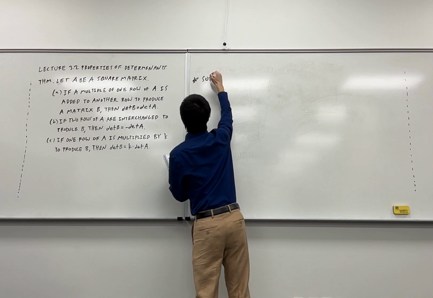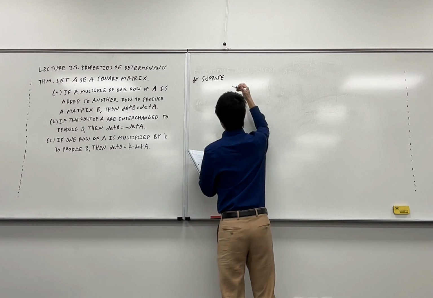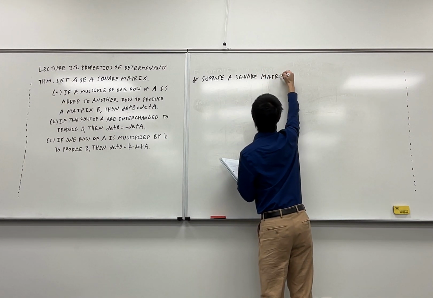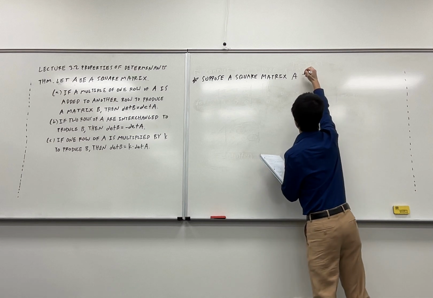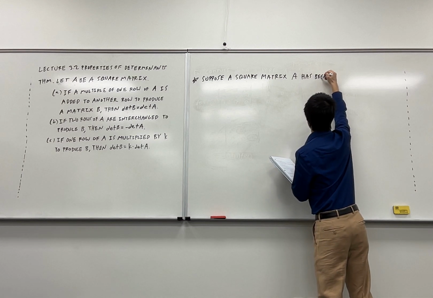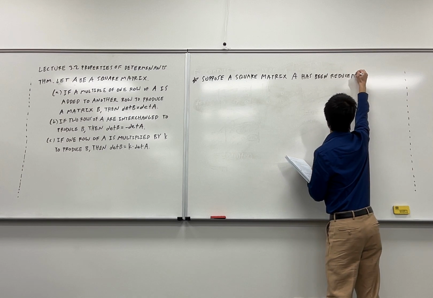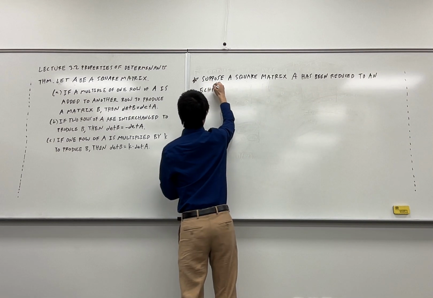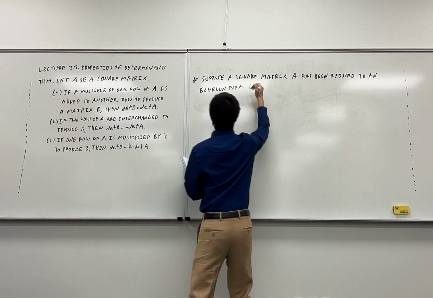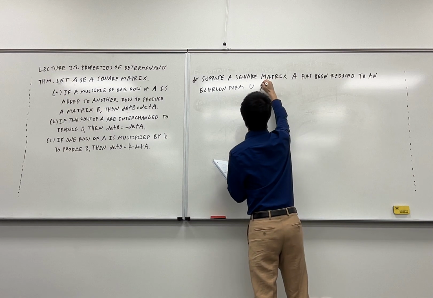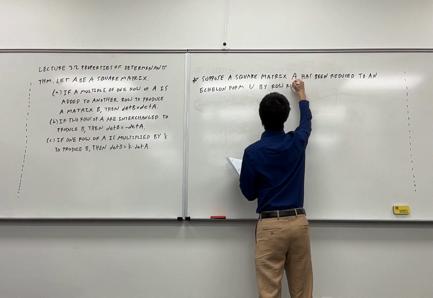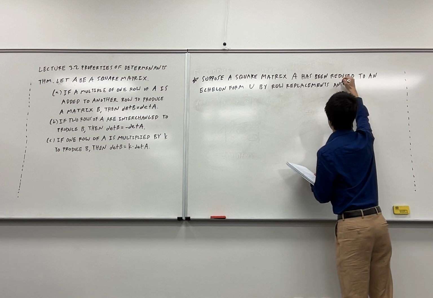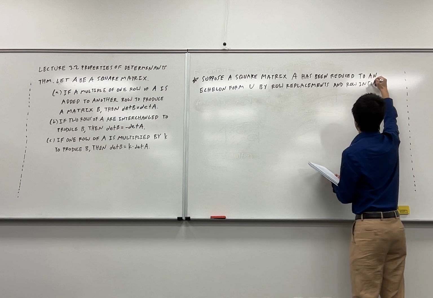Suppose a square matrix A has been reduced to an echelon form, and we can call that echelon form capital U, by row replacements and row interchanges, so swaps basically.